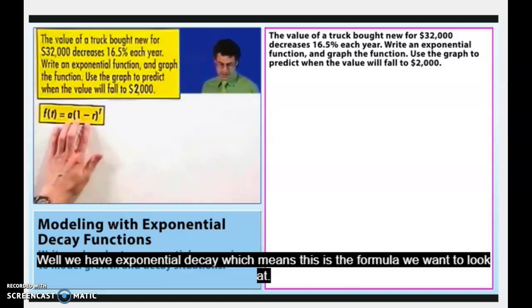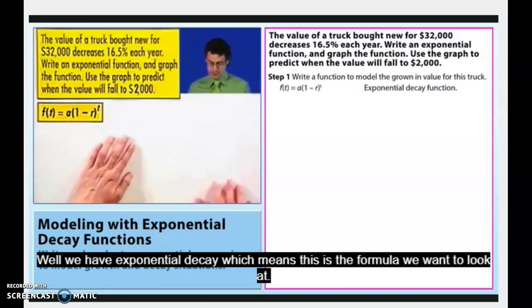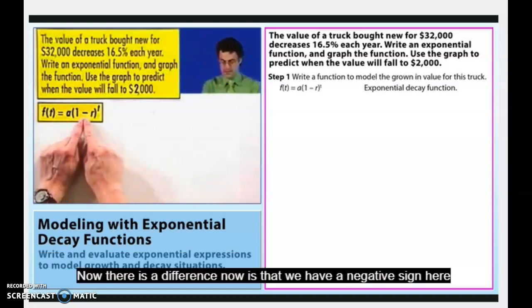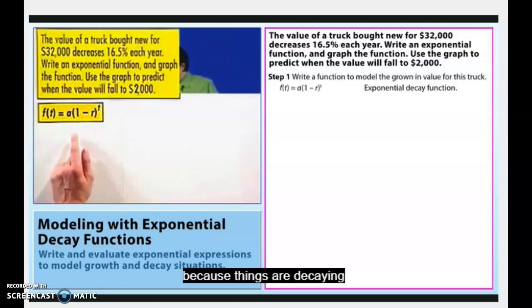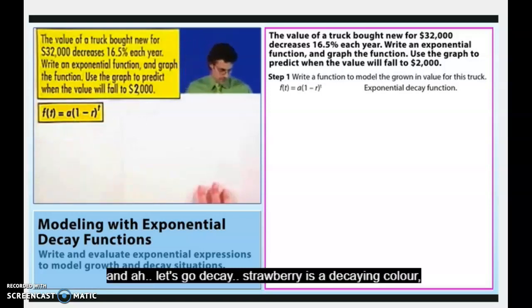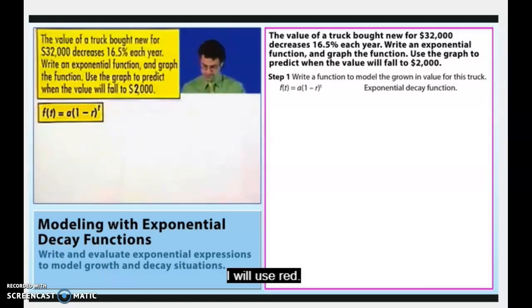Well, we have exponential decay, which means this is the formula we want to look at. Notice the difference now is that we have a negative sign here because things are decaying. So I'm going to use a decaying color. I'll use red.